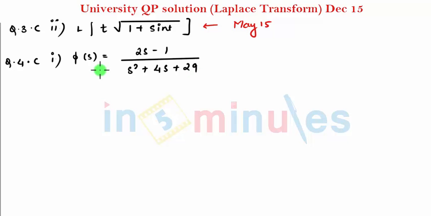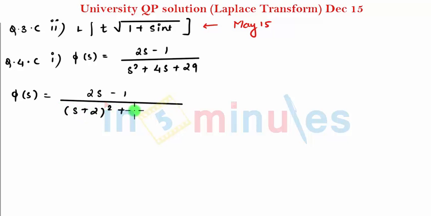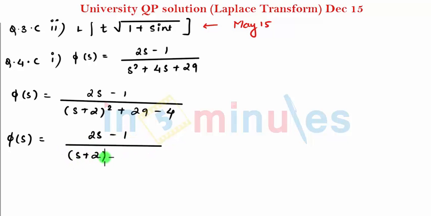So after completing the square, let's solve this. I say phi of s is equal to 2s minus 1, this whole, completing the square, that is s plus 2 the whole square plus 29 minus 4. So I get phi of s is equal to 2s minus 1 whole divided by s plus 2 the whole square plus 25.